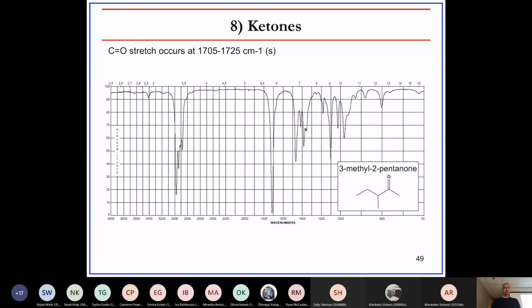Ketones look exactly the same as aldehydes, except they don't have the Fermi doublet. Ketones have a carbonyl group with carbons on both sides. Because there's no CH over there, the Fermi doublet's gone. And all you see in this case, we'll draw a vertical line at 3000. Everything to the right of that is going to be an sp3 CH stretch.